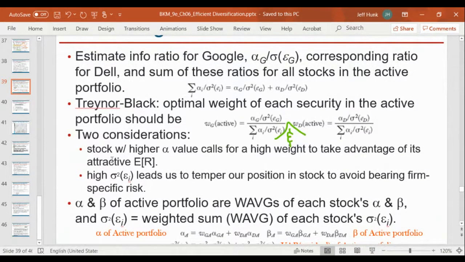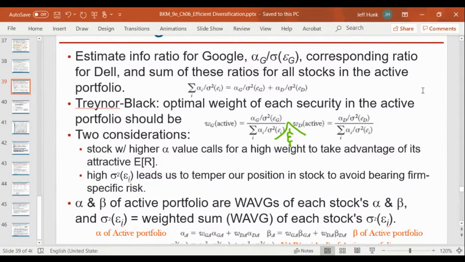So we will have to estimate to conduct that research, to verify and confirm this theory. We'll first need to estimate information ratios for Google and the corresponding ratio for Dell.